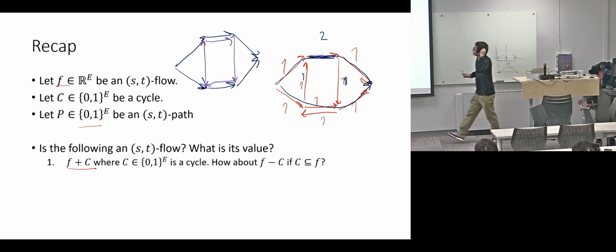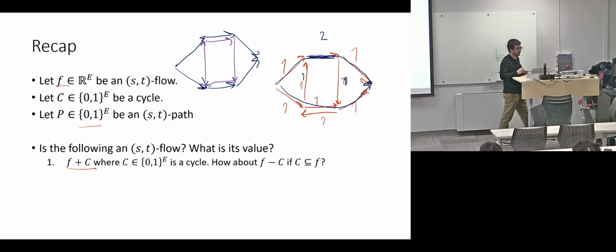Okay. So when you have this double edge, you should think of it as value 2 here. And maybe there are 2 edges like this. Well, you can see that if I just remove the purple thing, then you get the flow.